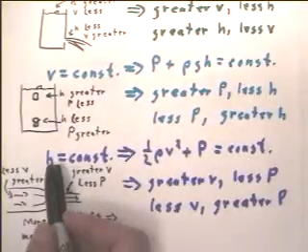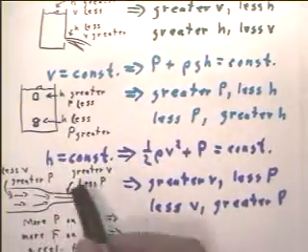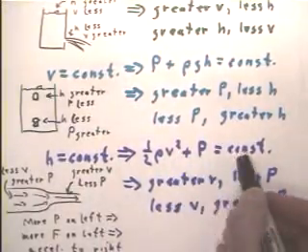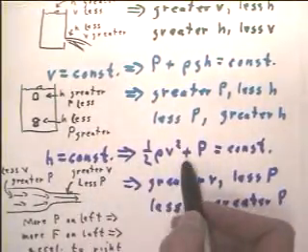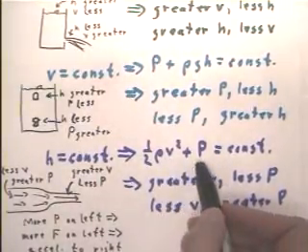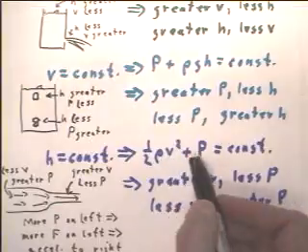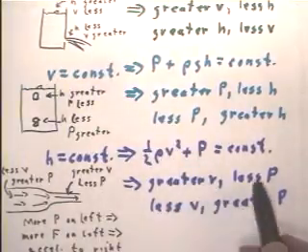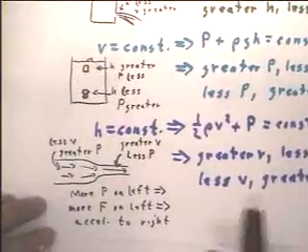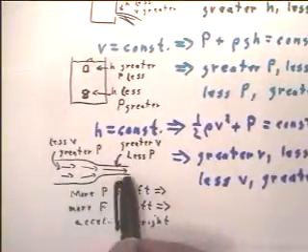Another situation is where h is constant. If h is constant, then 1/2 rho v squared plus p will be constant because the rho gh term will be constant. And this means that greater v means less p, and lesser v means greater p. Okay? Typical situation, water flowing in a pipe.